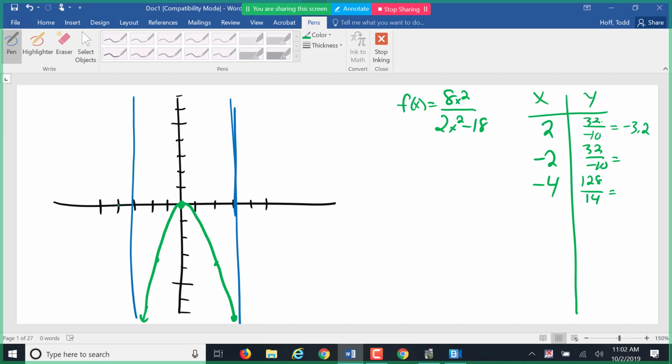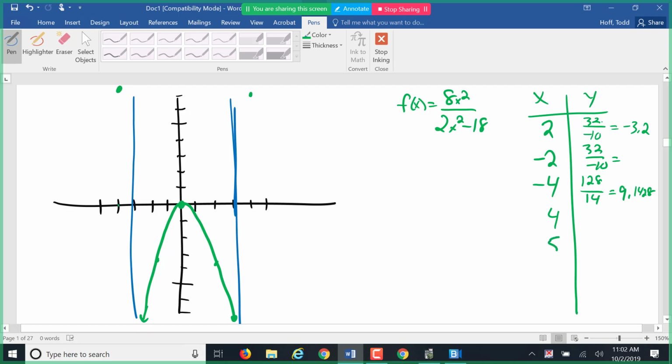That is, let's see, 128 divided by 14 is 9.142857 approximately. So that is negative 4 and 9 up here. Positive 4 is going to give us the same thing. I'm going to start using the fact that we know it's symmetrical about the y-axis here.